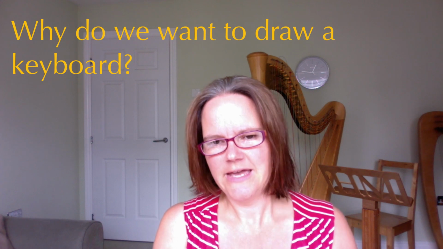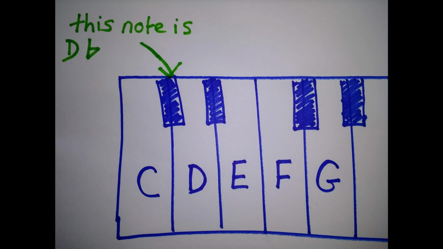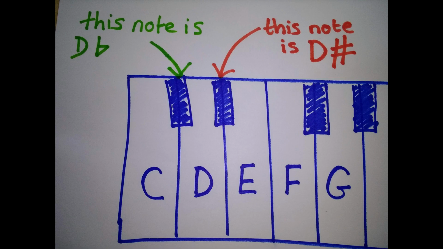So say you've got D, and then to the left of the D, you've got a little black note. That black note will be D flat. Or say, we'll go back to D again, to the right of that white note D, there'll be a black note, and that black note would be D sharp.